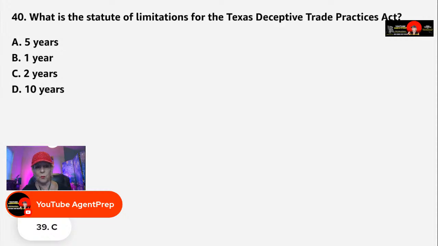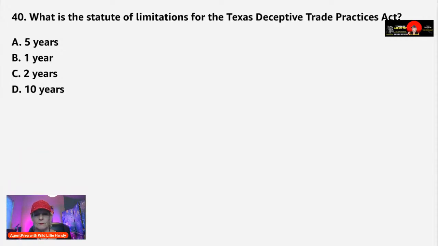Okay, number 40. Doing great, ladies. What is the statute of limitation for the Texas Deceptive Trade Practices Act? A, 5 years. B, 1 year. C, 2 years.